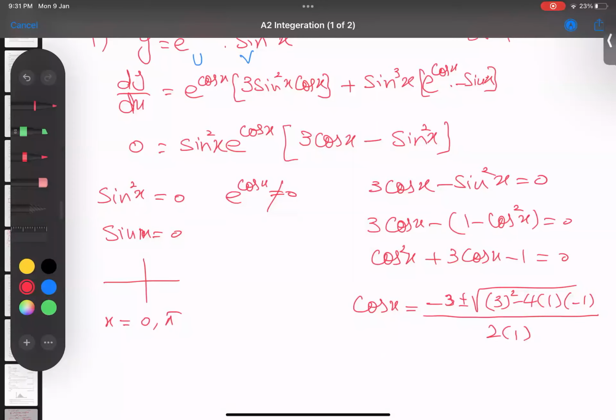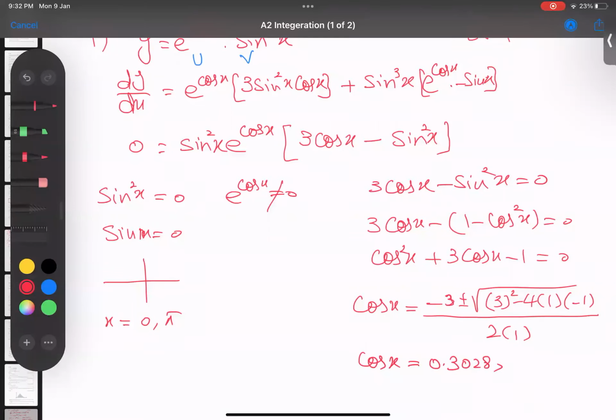If I type in the calculator, negative 3 plus root 9 plus 4, and divide by 2, the answer turns out, we get cos x is equal to 0.3028.